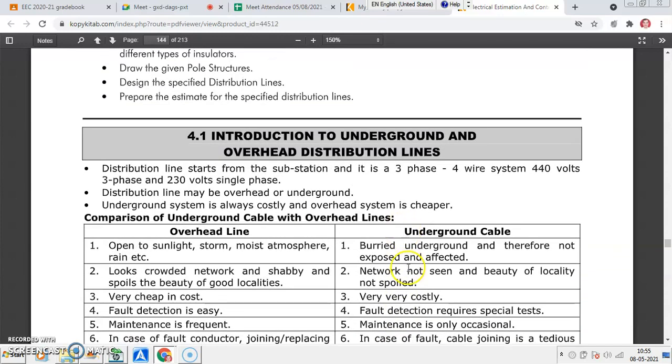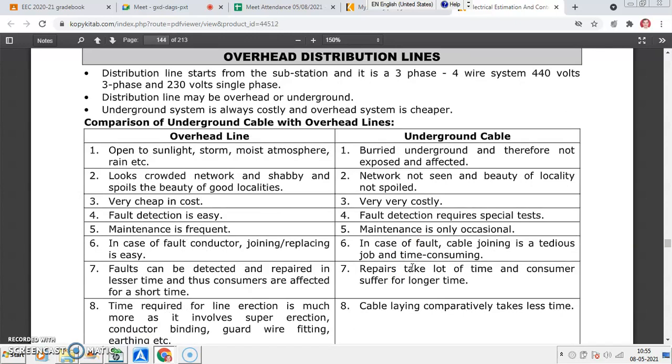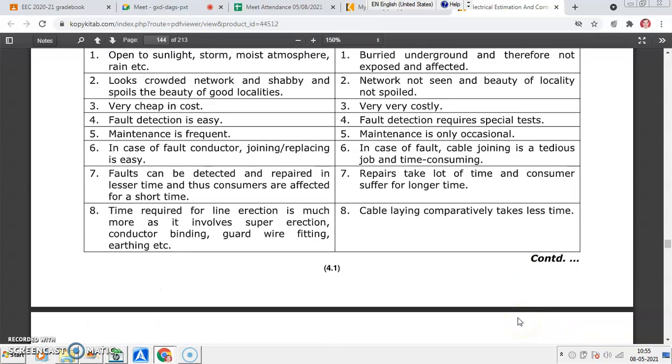And vice versa, underground cables are used in thickly populated areas, metro cities, where power is a priority, less maintenance is required, reliability of the supply system is required more, and less repairing time is needed if a fault is there.